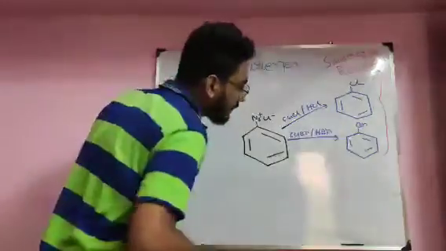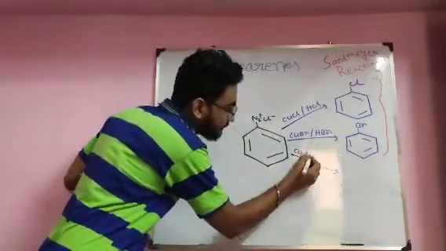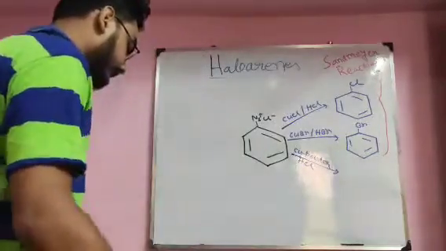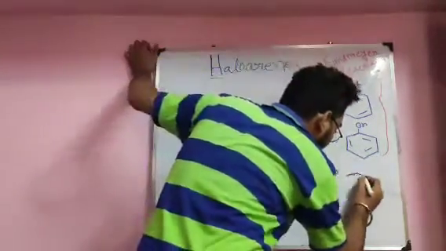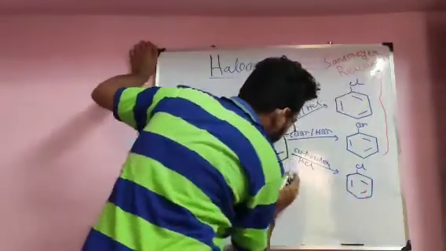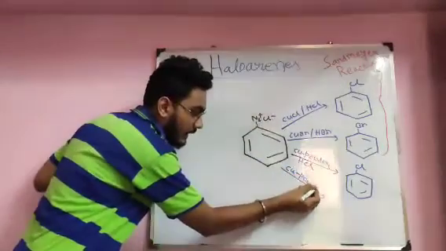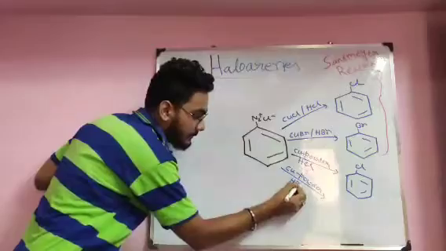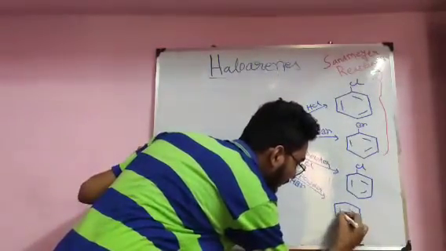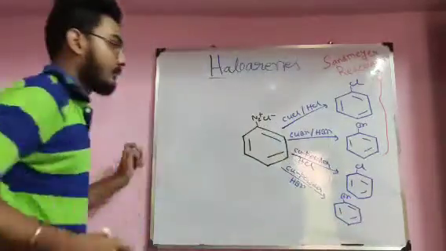if we give copper powder and HCl, then the product will be chlorobenzene. If we give copper powder and HBr, then the product will be bromobenzene. Okay.